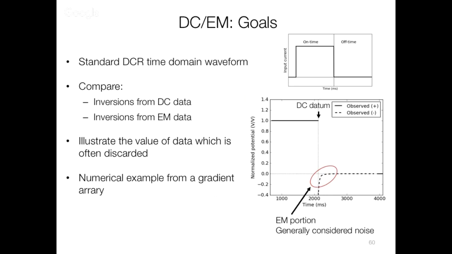The standard waveform for DC resistivity is something that looks like this, and what we generally see in the DC resistivity experiment is that if you don't have any chargeable material, then the voltage drops immediately to 0.